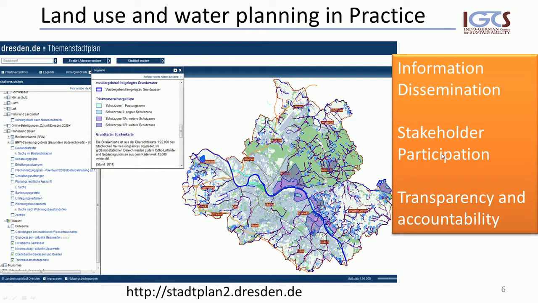Important here also is that this planning should include stakeholder participation. Also, on almost any of these fields that you can open here, there is a feedback or request for more information function built in.